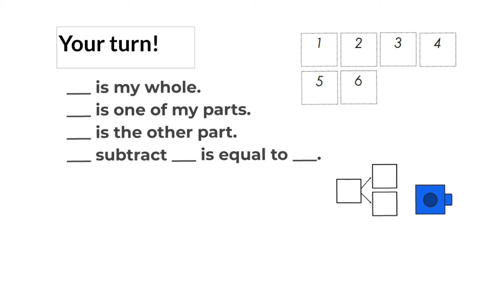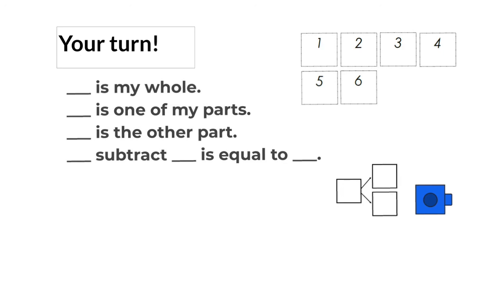A little bit like the frogs in the pond and the birds in the tree. You will need to decide what action they are going to do, like playing in the water or flying away. And you need to decide how many of your whole are going to do that and move it into one of the parts. Then you need to say how many the other part is.